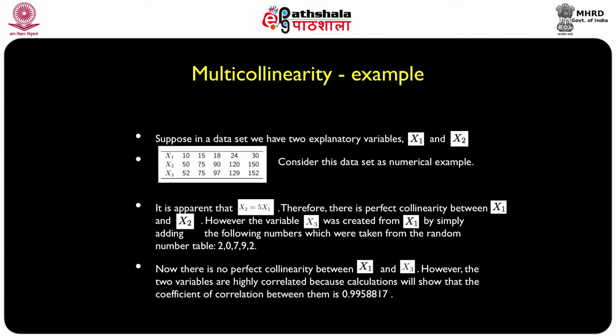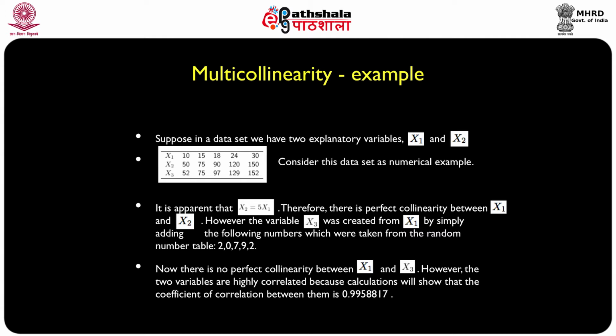However, the third variable x3 takes the values 52, 75, 97, 129 and 152. Considering this data as a numerical example of the presence of multicollinearity, it is apparent that x2, the second explanatory variable, can be written as 5 times x1. Therefore, there is perfect collinearity between x1 and x2.